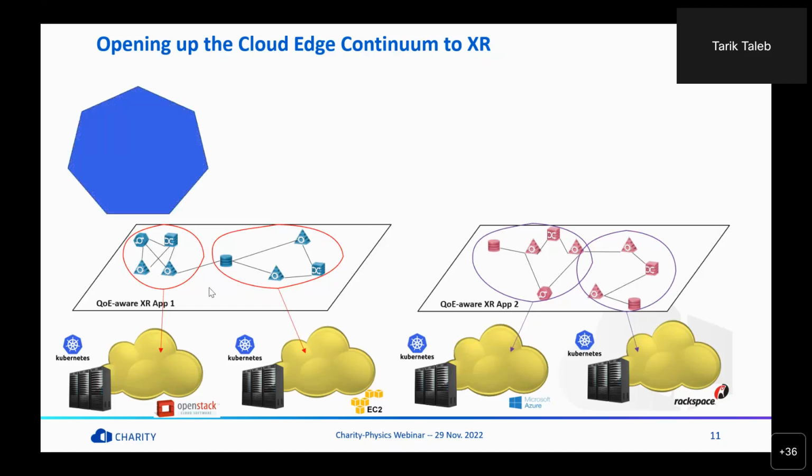And one way to go is basically to create one huge cluster of Kubernetes, for example, that could span across these different clouds. And then this huge Kubernetes cluster could be hosting these different XR applications.